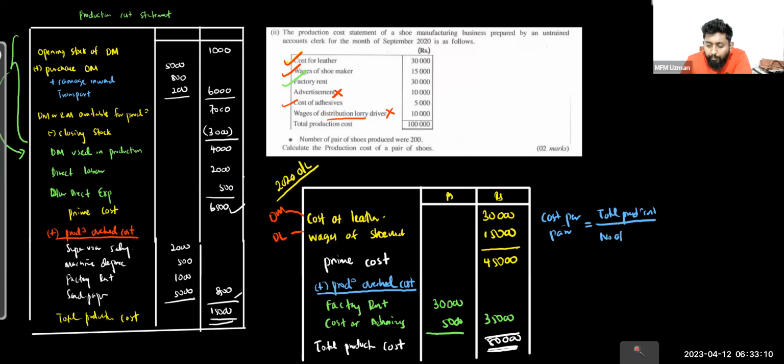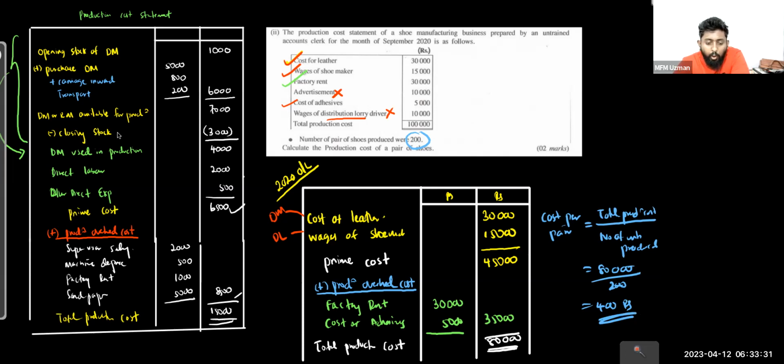Number of units produced. So total production cost is going to be 80,000, and you had produced 200, so how much will one cost, guys? 400 rupees. So for this only you get your marks there.